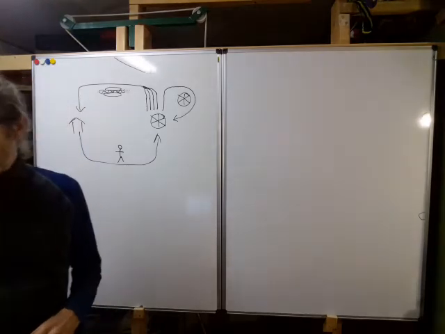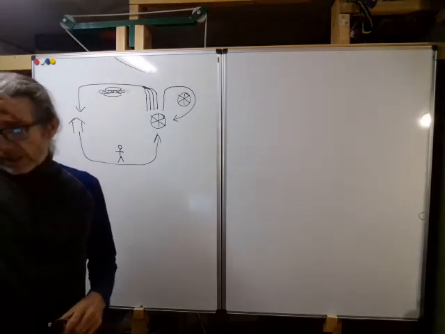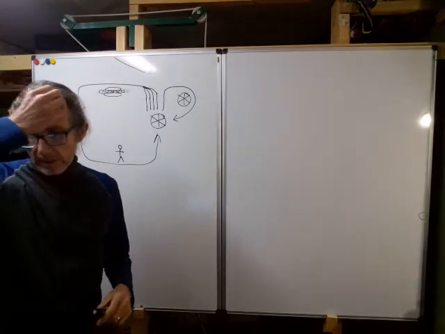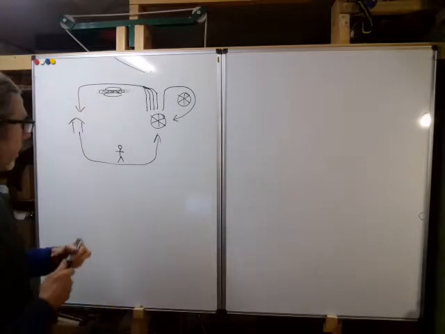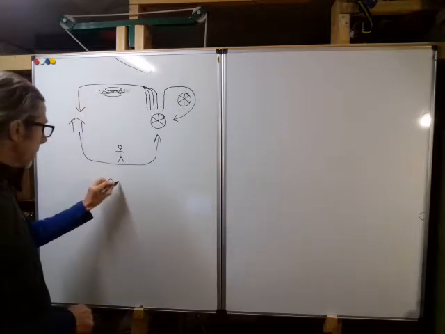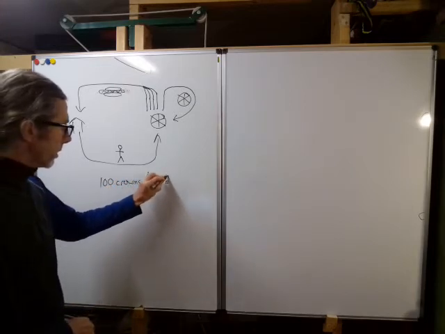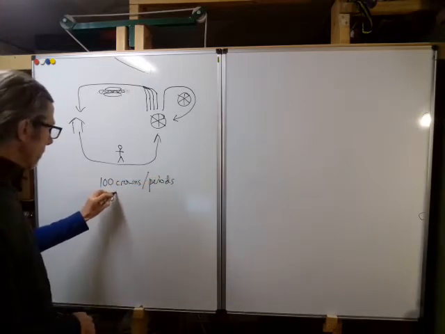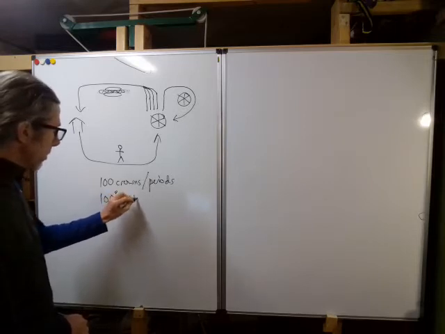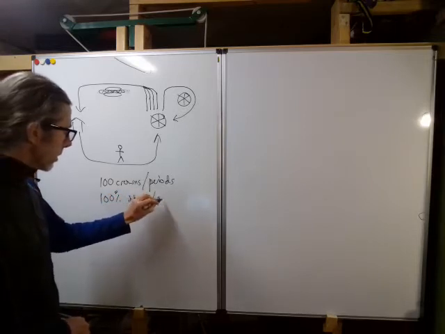The interest rate per period of 10 years is 100%. So we've got 100 crowns per period, and 100% interest per period.